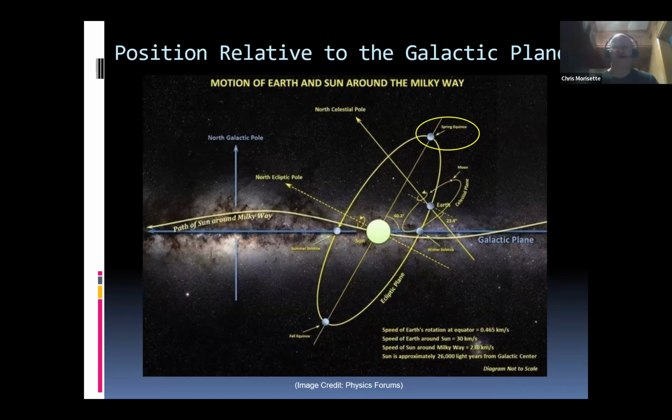So it's not to scale, but during the spring equinox we are looking through our thinnest view out from the Milky Way into deep space.